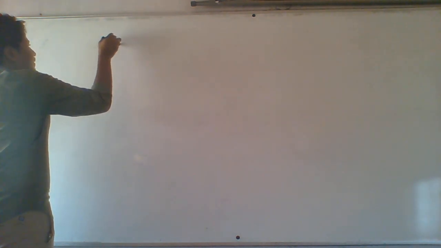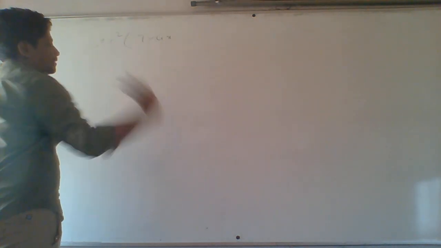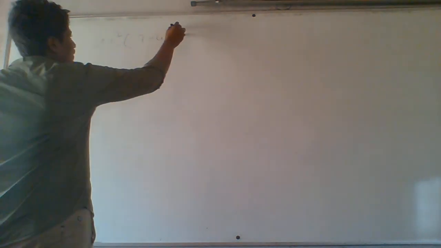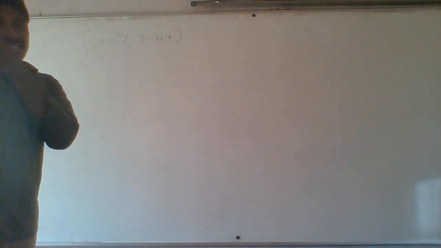See the question here: integral of secant square of 7 minus 4x dx. We can solve this in two ways.